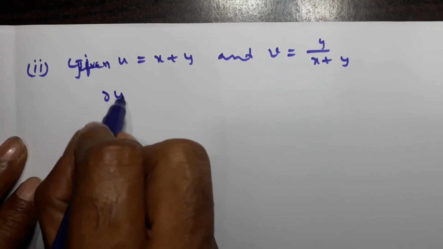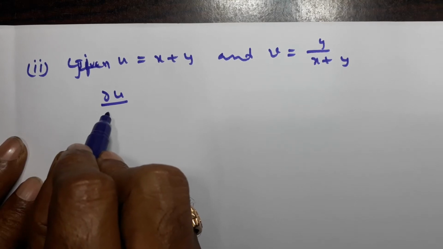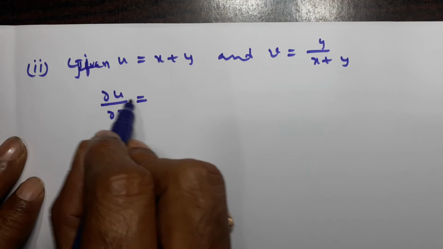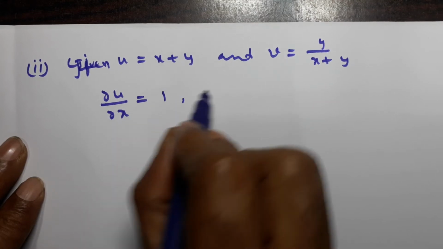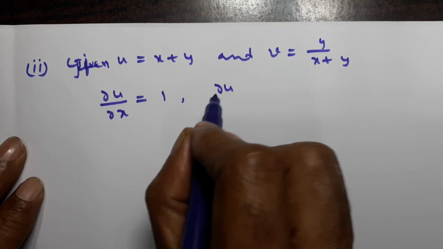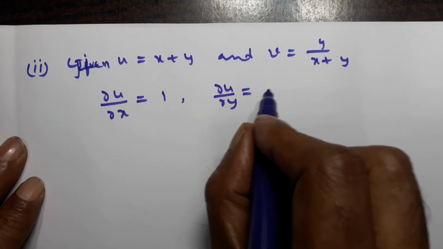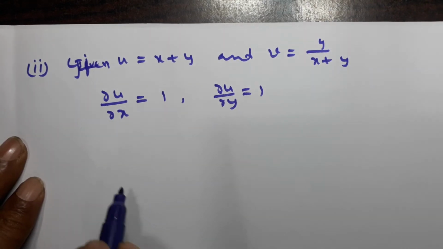So differentiate this u with respect to x partially, dou u by dou x is equal to 1, and similarly u differentiated with respect to y, x is 0, so that is 1.